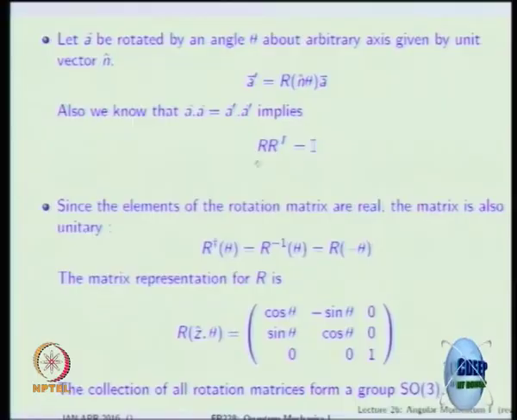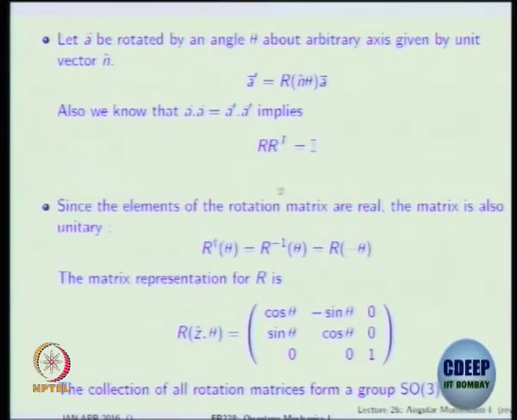But each of those new 3 by 3 matrices, you can show that it always satisfies this property, R transpose R equal to identity. So this will be a set of infinite matrices you can have. You agree? You can change theta, you can change the axis, but the three axes are the three independent axes which you have. The product of any two R matrices will be a new R matrix which again satisfies this property.